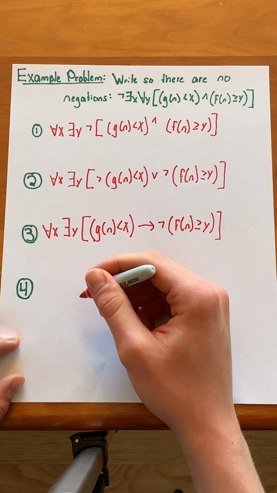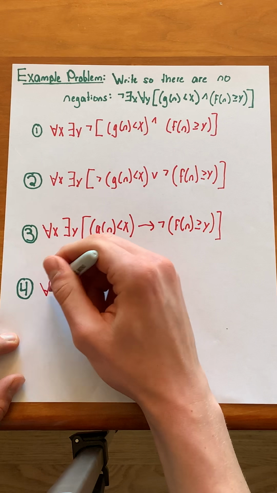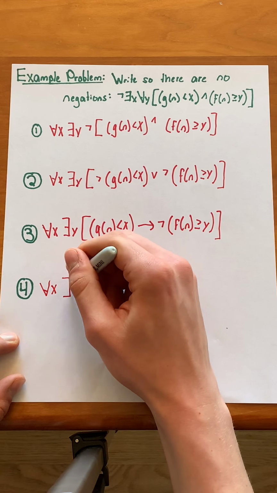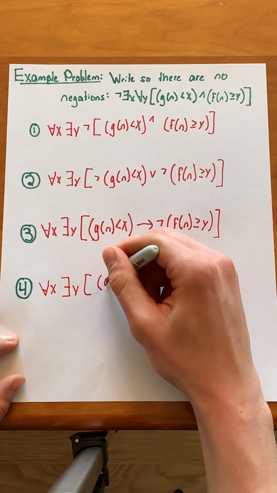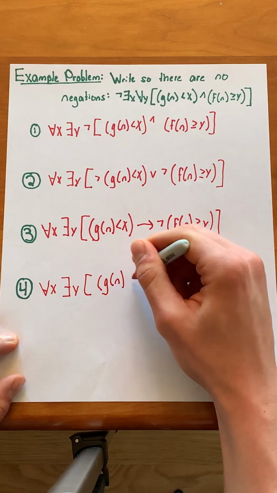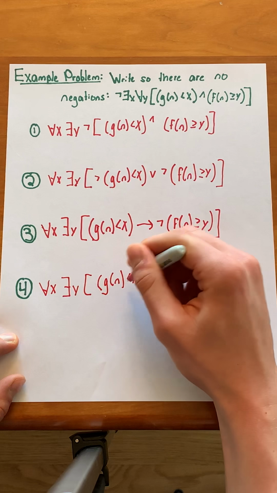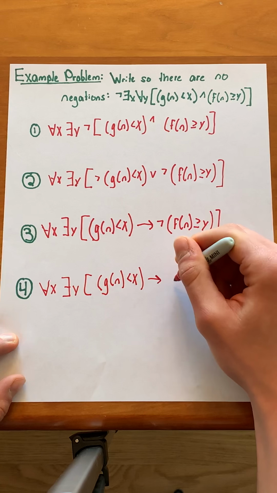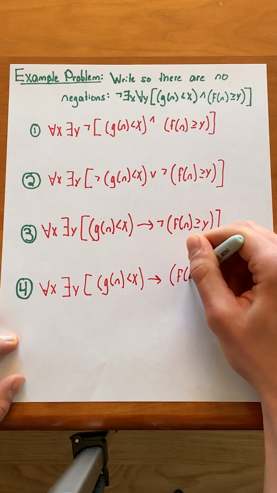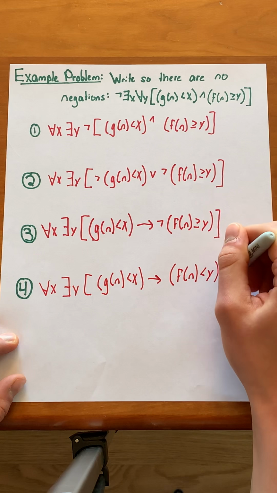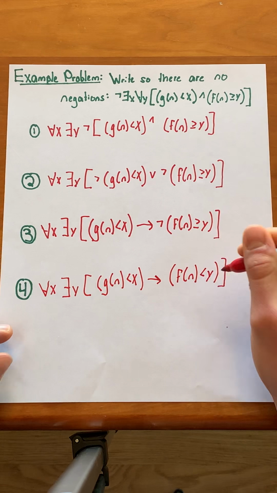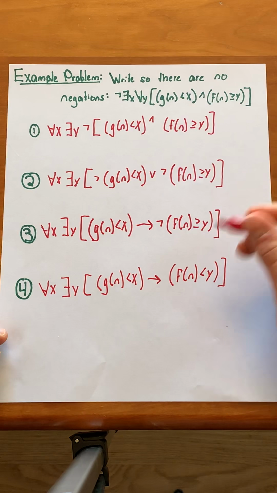So we can write the equation as follows. For every x, there exists some y such that if g of n is less than x, then f of n is less than y. And we have thus effectively removed the negation from this equation.